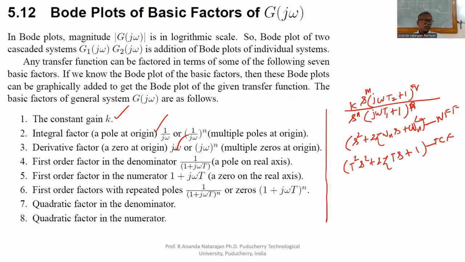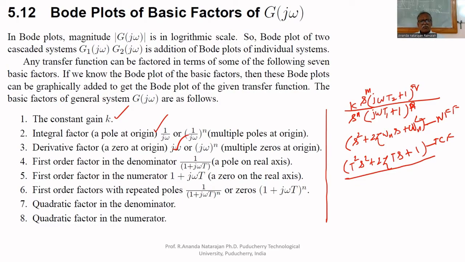Always we use time constant form. Why? Because the gain K is correct only in time constant form. Whenever you want to take K, the transfer function must be in time constant form, then only the K is correct. So we use time constant form for all plots.